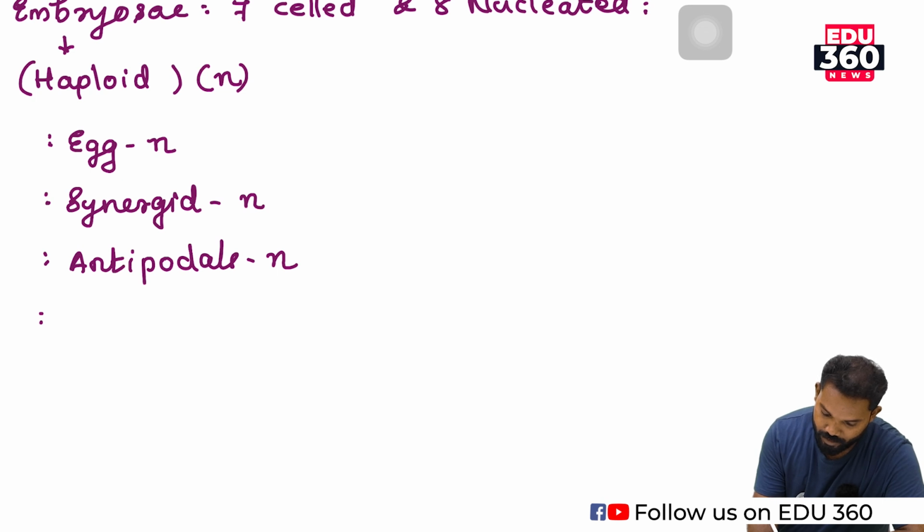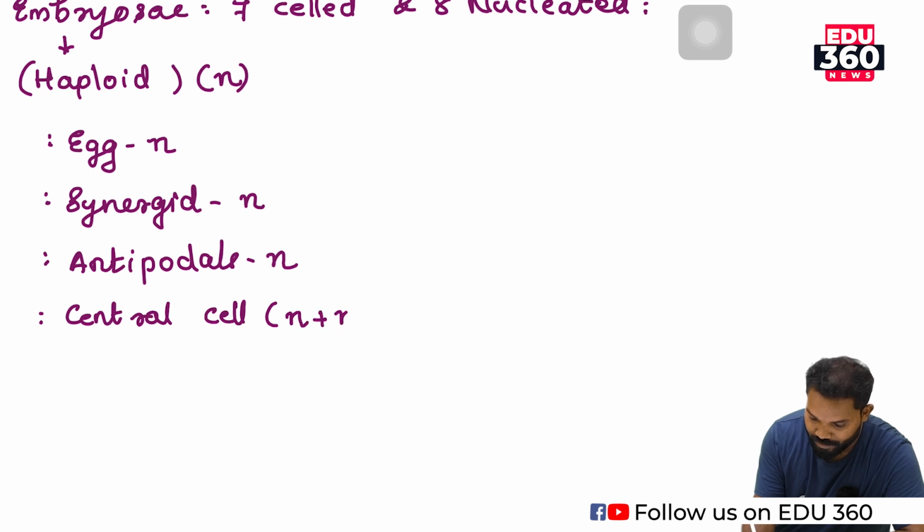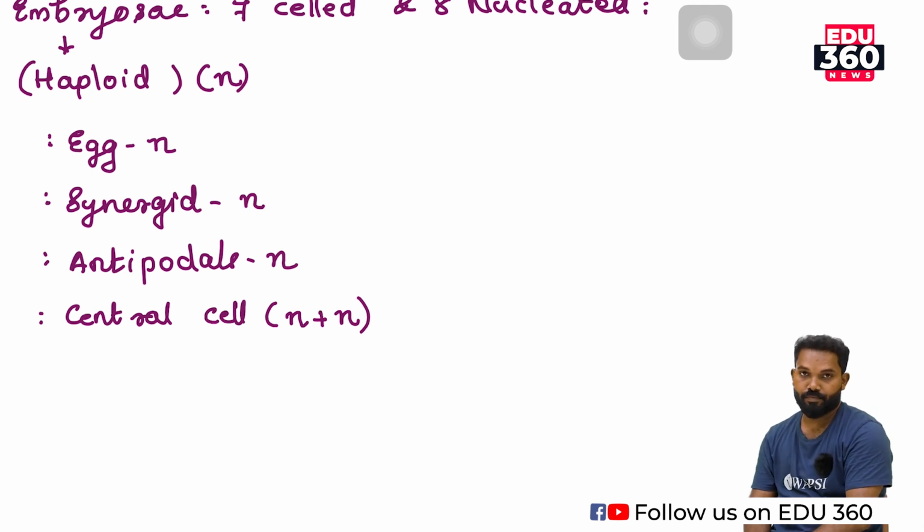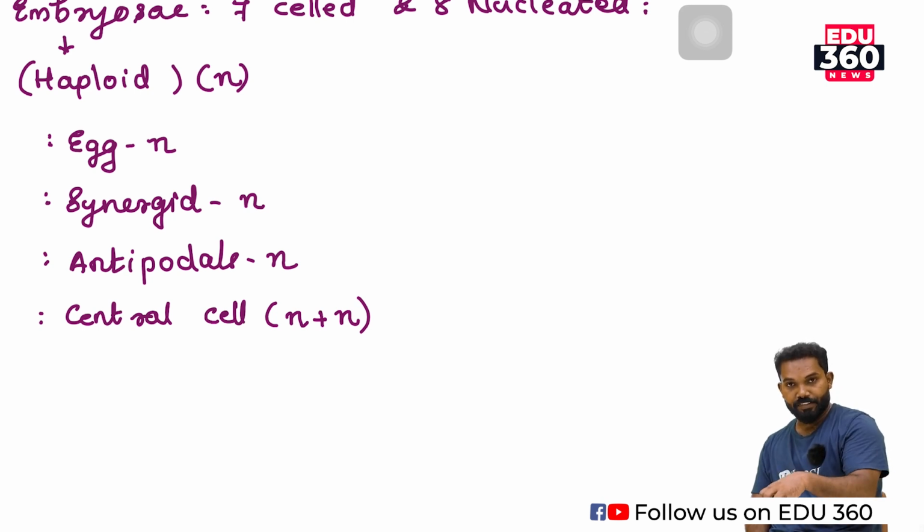Then there is a central cell that is also haploid in nature, but the condition is n plus n. The n plus n condition and the 2n condition differ. N plus n condition means a single cell contains 2 haploid nuclei. But a 2n condition means a single cell contains a diploid nucleus.